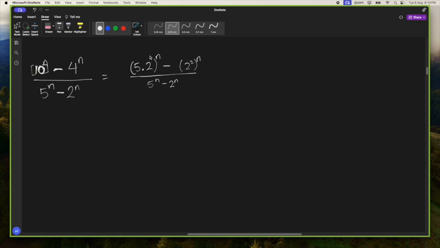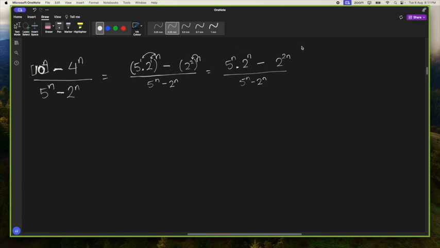So check this out, right? Remember this 5 is to the power of 1 and this 2 is to the power of 1, right? So n times 1, that's going to give me 5 to the n times 2 to the power of n, minus 2 squared to the power of n, which is 2 to the power of 2n, all over 5 to the n minus 2 to the n.